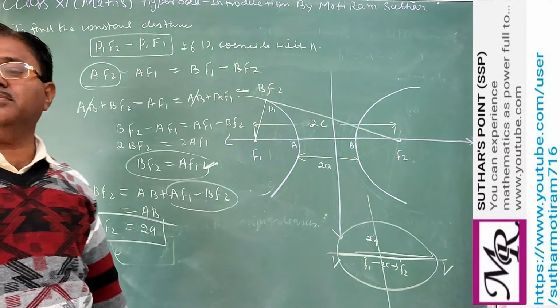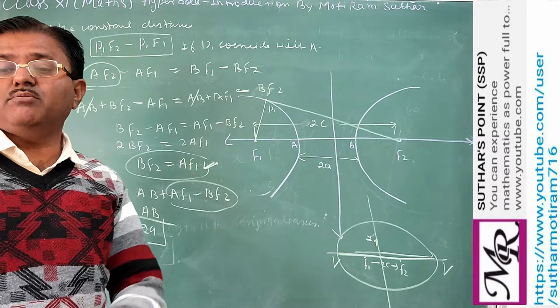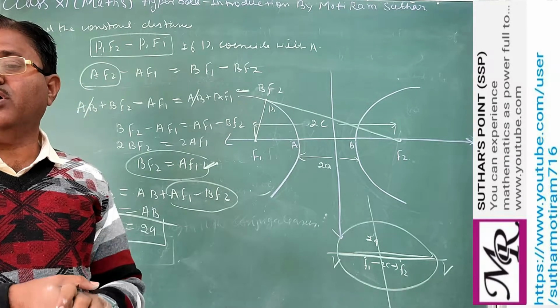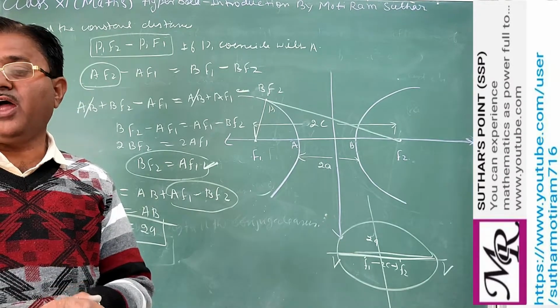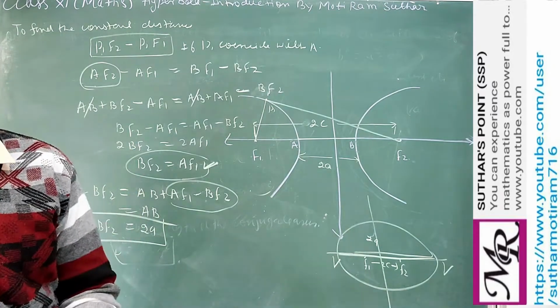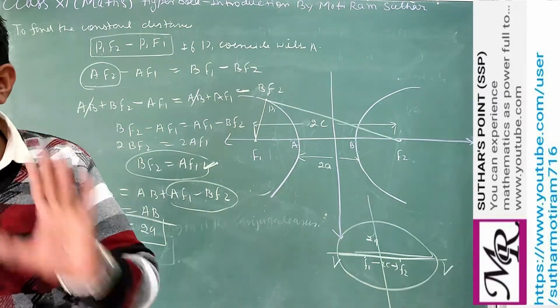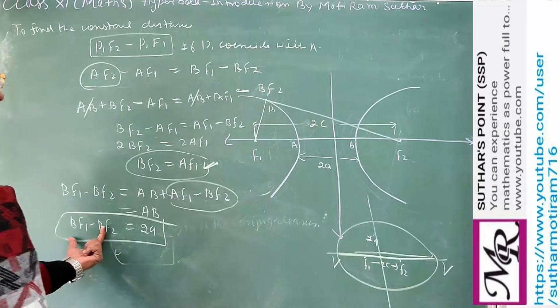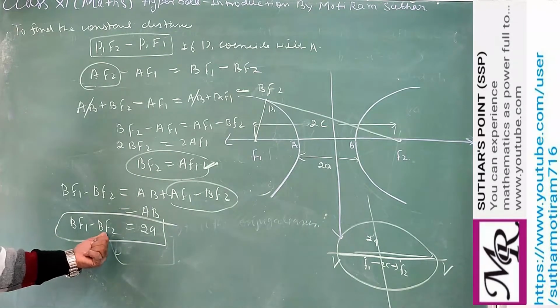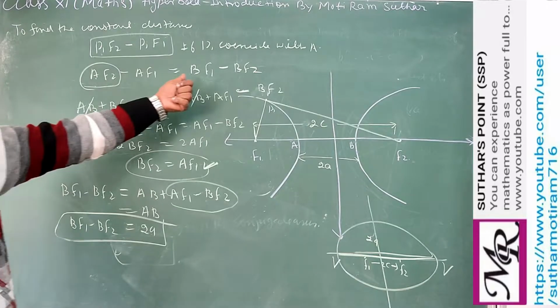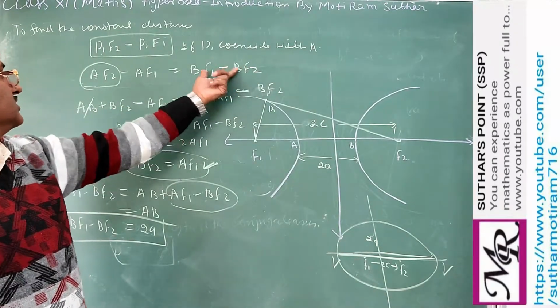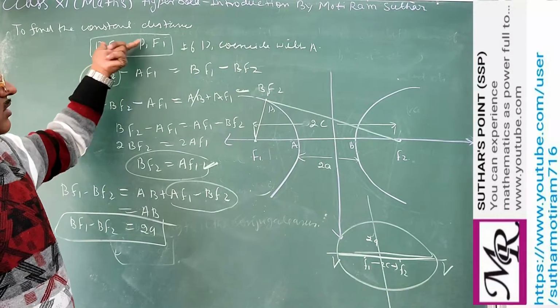Like in the case of the ellipse, you see the sum of the distances from two points is fixed, and we find that the fixed value is 2A. In a similar way, we are finding that this BF1 minus BF2 is 2A.